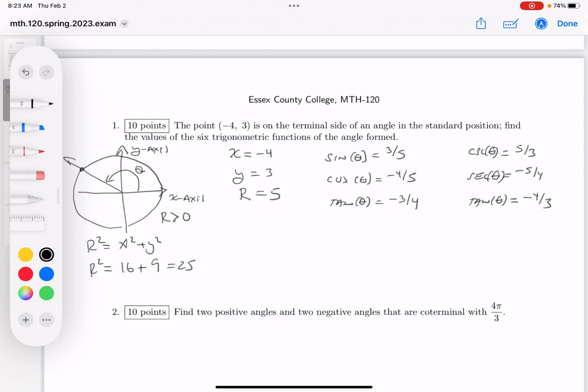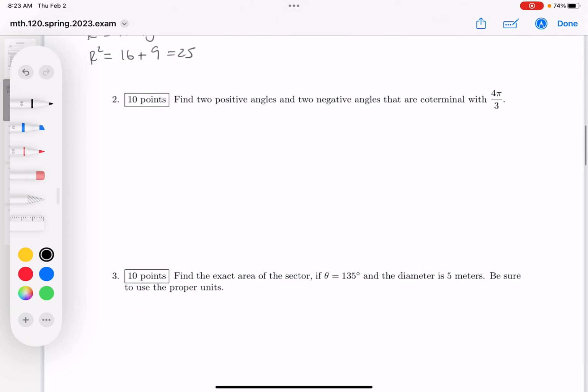And let's move on to the next question. The next question is, find 2 positive angles and 2 negative angles that are coterminal. So let's write it down. What are you going to get over here? Well, a coterminal angle, let me write down theta k, where k is some integer, would be 4 pi over 3 plus 2 pi k.